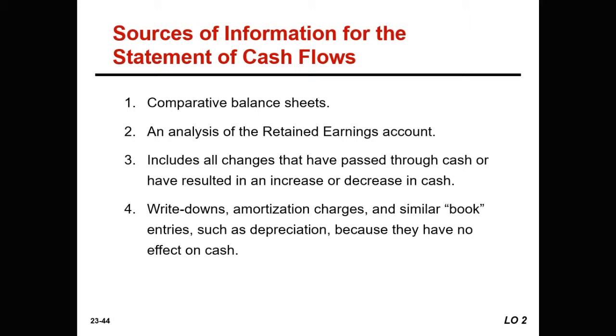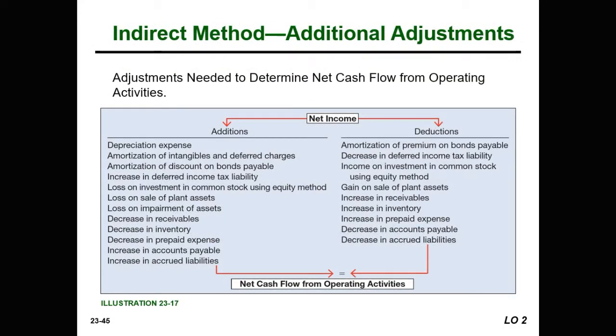So when we start with a net income, we need to undo their effects. This is a great slide to have handy for the indirect method and to know what you do. Whether you add it to net income or you reduce it from net income.